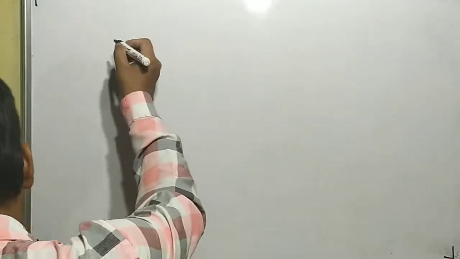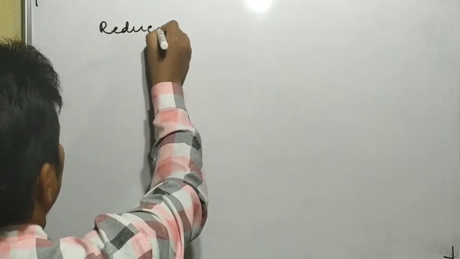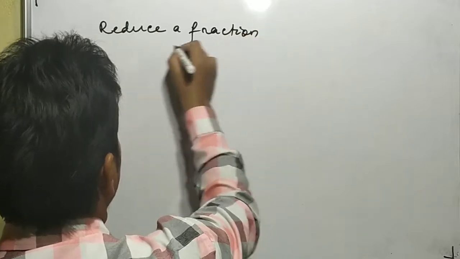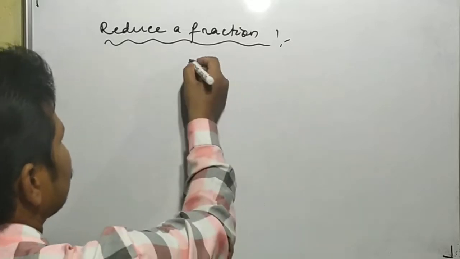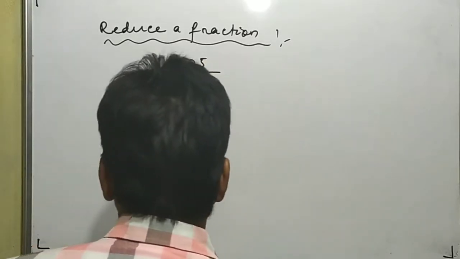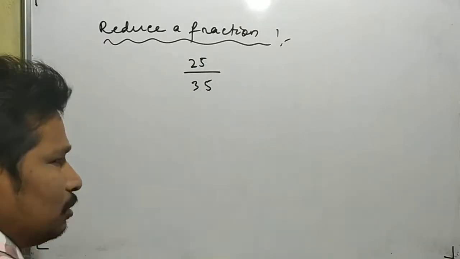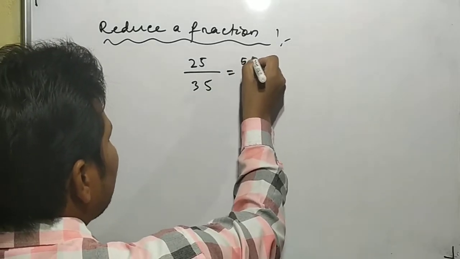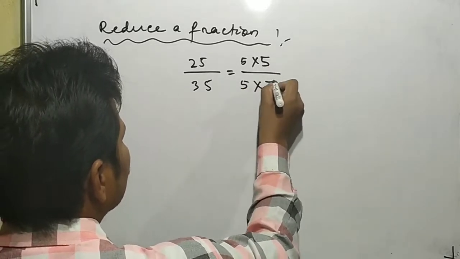To reduce a fraction, suppose we have the fraction 25 by 35. Here we can see that 25 is a multiple of 5 and 35 is also a multiple of 5. That means we can write 25 as 5 into 5 divided by 5 into 7.